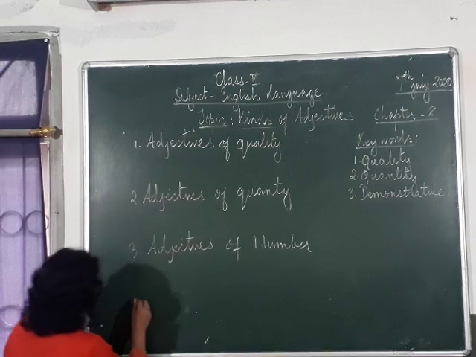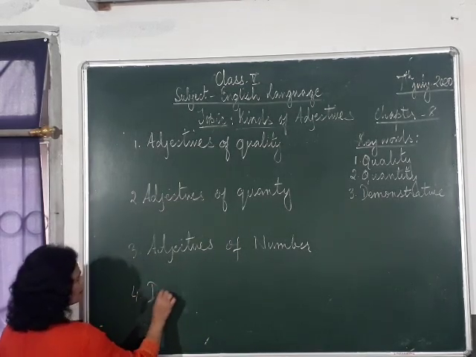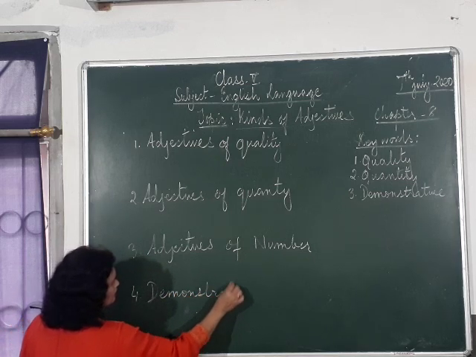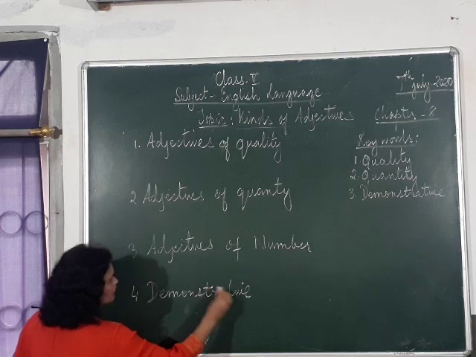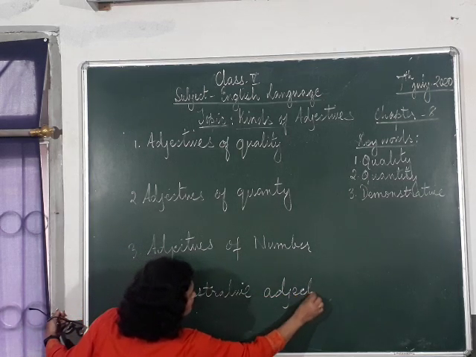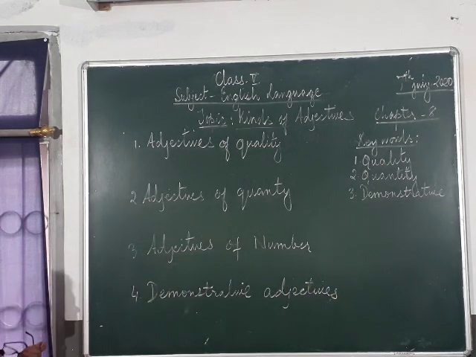And number 4 is demonstrative adjectives. As I told you, there are 6. There are exclamatory adjectives and interrogative adjectives. But here we are going to do only 4 adjectives.